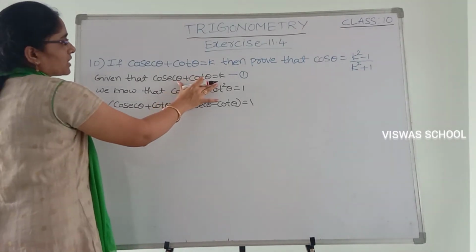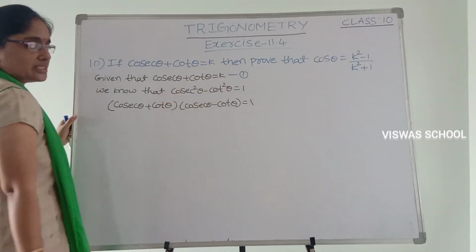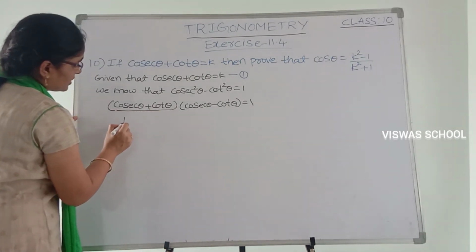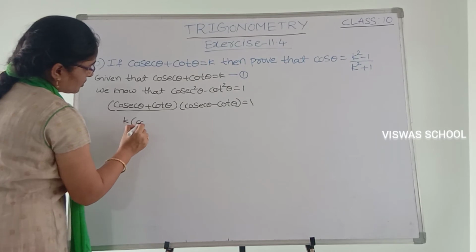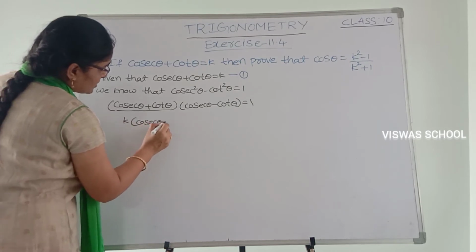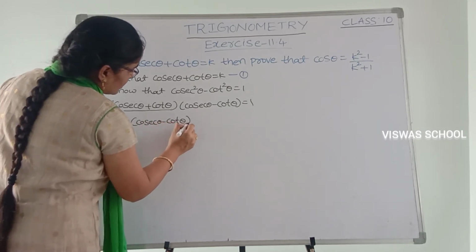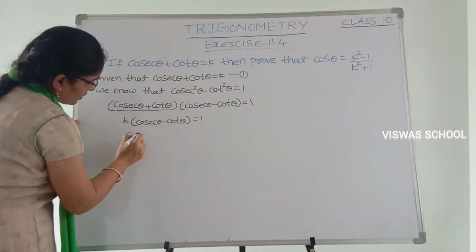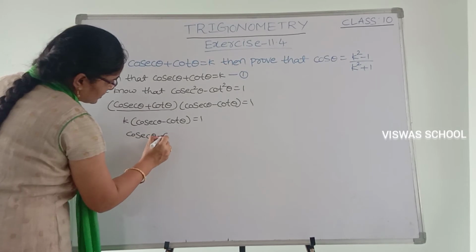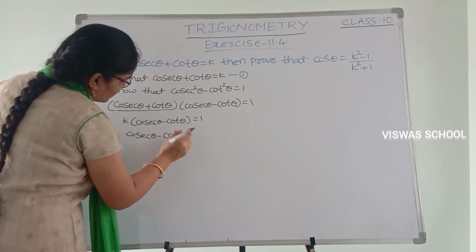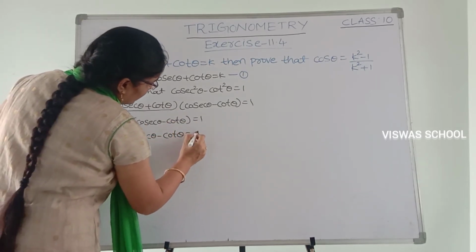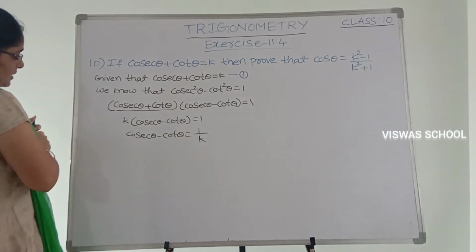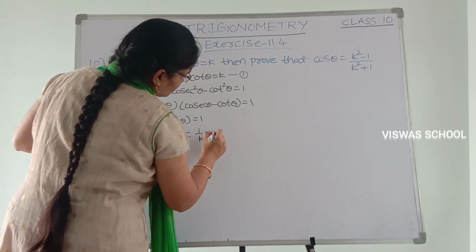Already we have cosec theta plus cot theta as k. Substitute the value: k into (cosecant theta minus cot theta) is equal to 1. From this, cosecant theta minus cot theta is equal to 1 by k, writing k to the RHS side as division.